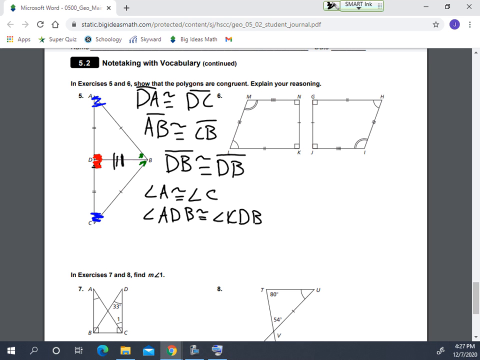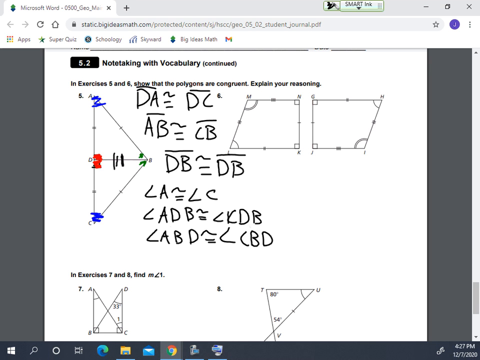And we know that angle ABD is congruent to angle CBD. Okay, that's my reasoning. Therefore, the corresponding parts are congruent.